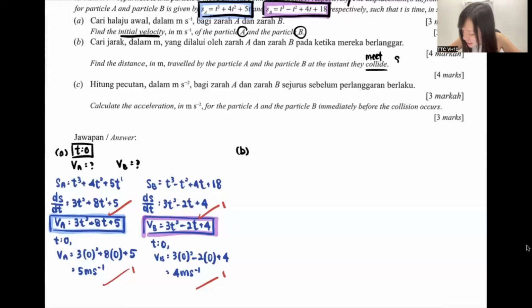But S is the one that makes sense. Why? Because S means displacement. Displacement means location. So if my location is 40 km north from KL, and you are also at 40 km north from KL, isn't it we are meeting each other? So whenever they say they meet, that means SA equals SB. Why can I straight away say SA equals SB?